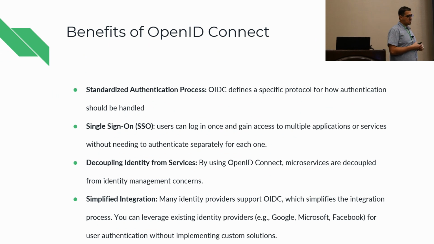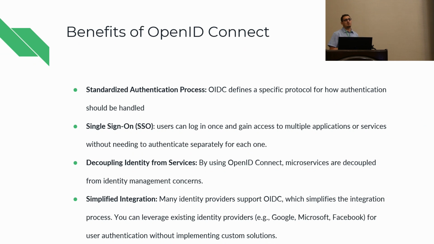Some of the benefits of OpenID Connect is a standardized authentication process, which is great. Now you have a specification that you can follow to accomplish authentication. How can you handle authentication in a standard way? One of the big things that you can do with OpenID Connect is create single sign-on.